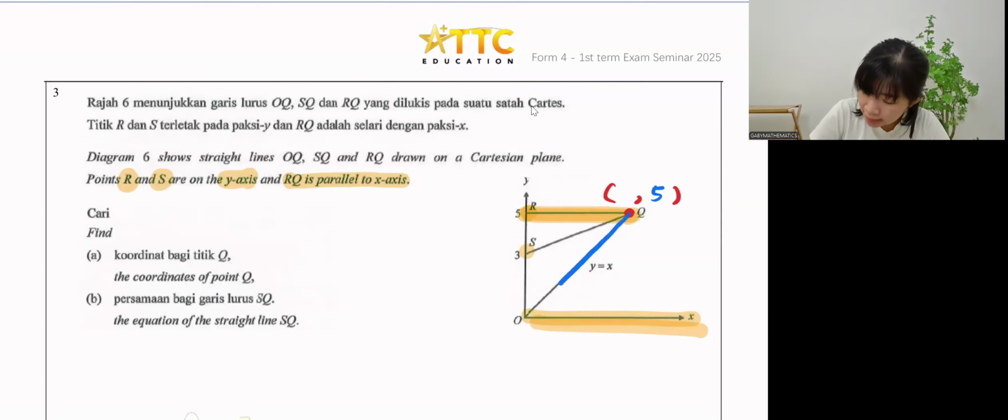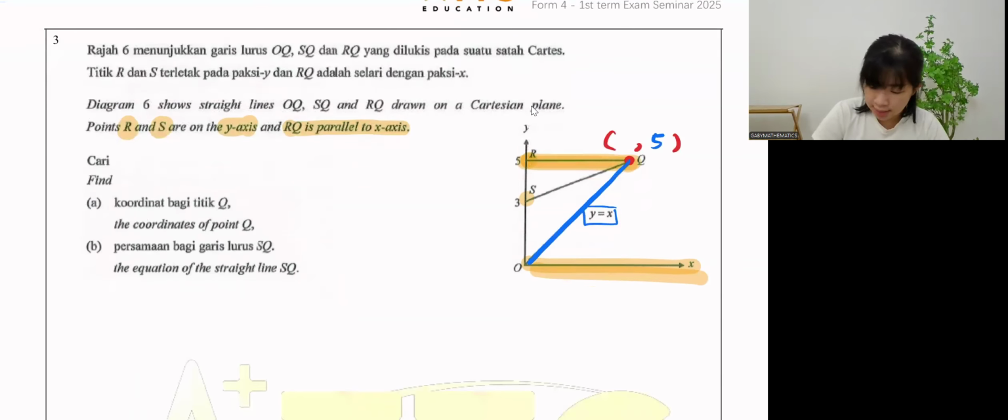Because this line is given as y equals x, you can use y equals x to find it. You know y is 5. Substitute y equals 5 into the equation. What do you get for x? You get 5.